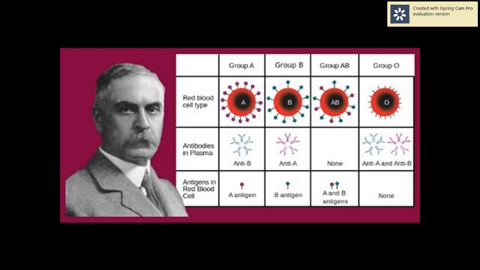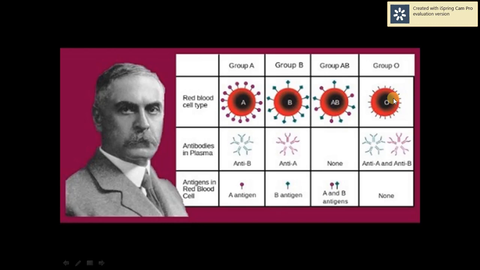That means it can donate blood to AB, to B, and to A. But blood group O cannot receive blood from these three. It requires O; only an individual with O blood group can give it blood.